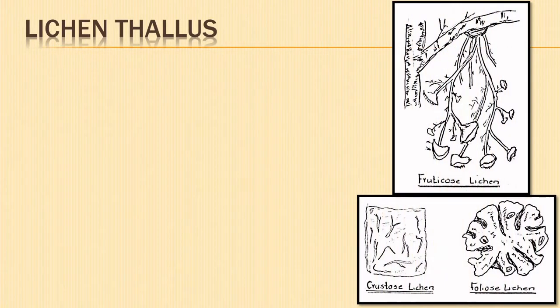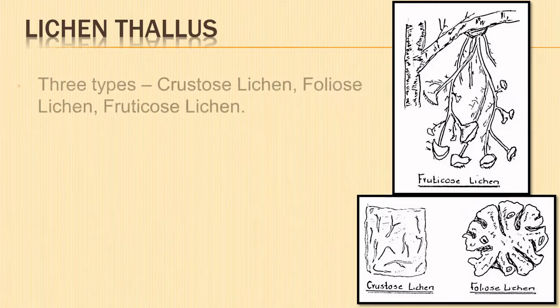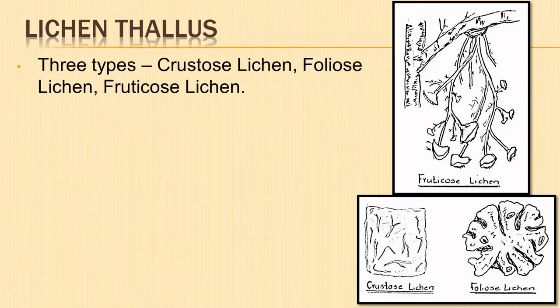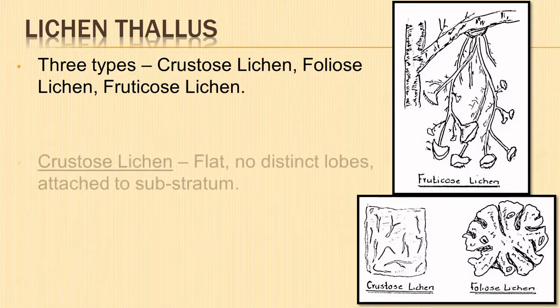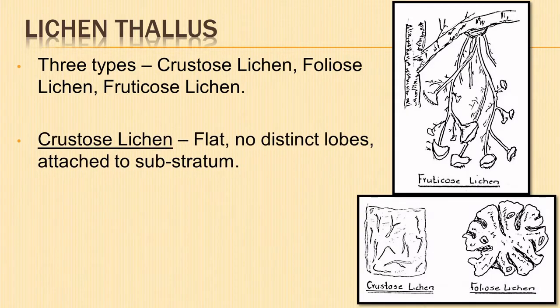There are three main types of lichen thalli on the basis of their morphological structure. They are crustose lichens, foliose lichens, and fruticose lichens. Crustose lichens: the thallus is flat, thin, with no distinct lobes.